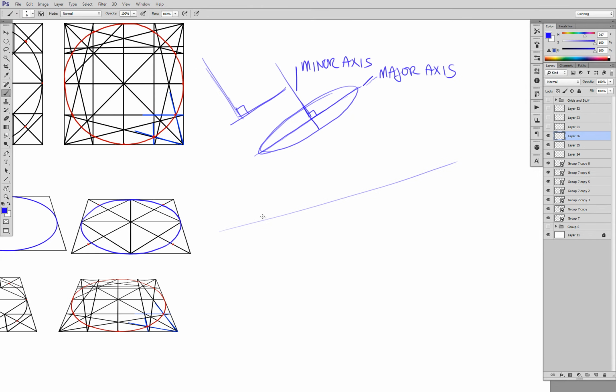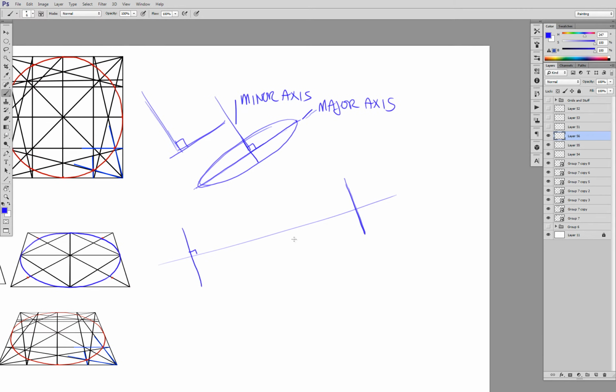And what this means is that the major axis of the ellipse, i.e. the line between the two widest points of the ellipse, is always going to be visually 90 degrees to the center line as well. Because, and this is probably the most important thing, the center line will always line up with the minor axis.